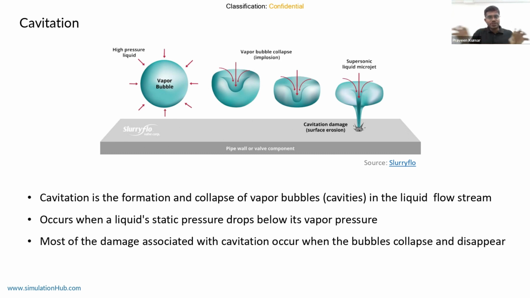That phenomenon is called cavitation. It has some impacts on the nearby surfaces. It erodes and causes damage, which we will see in detail in further slides. So this is just cavitation for you.